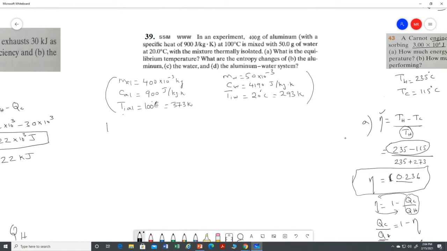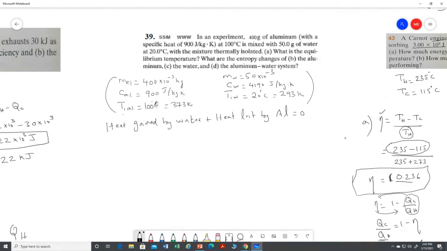So I can write heat gained by water plus heat lost by aluminium equals 0. This is a general equation.